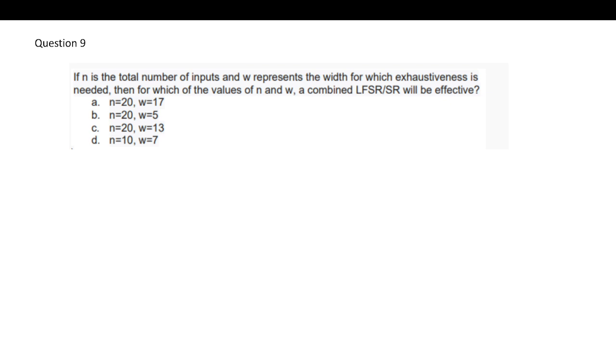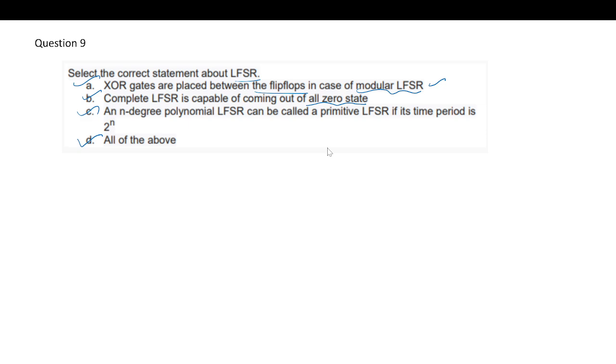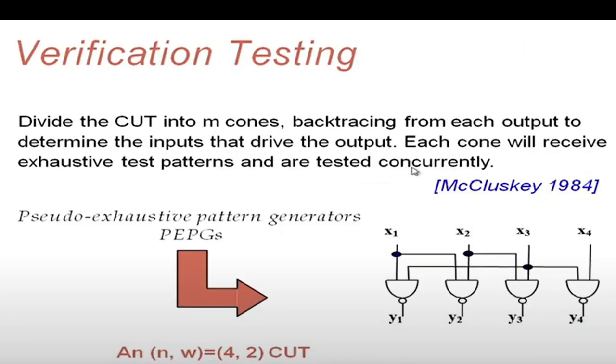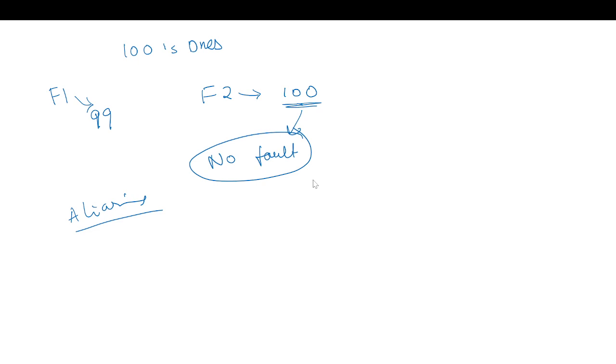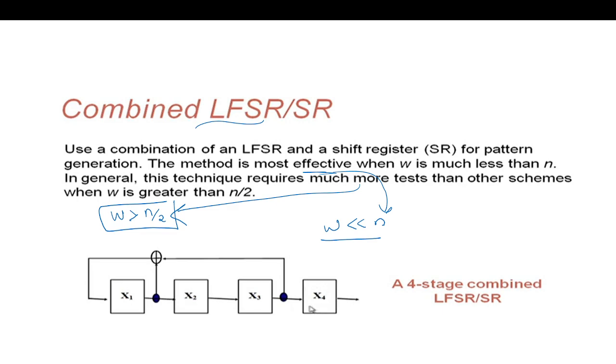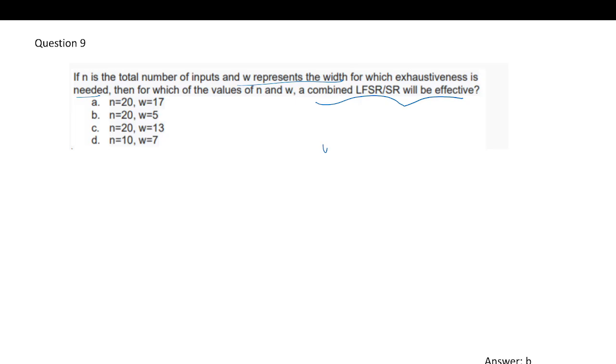In a circuit with N total inputs, W represents the width for which exhaustiveness is needed. Which of the following N and W combinations would be effective for a combined LFSR? We said it will not be effective, and I wrote the condition somewhere. Yes, W greater than N by 2 will not be effective.